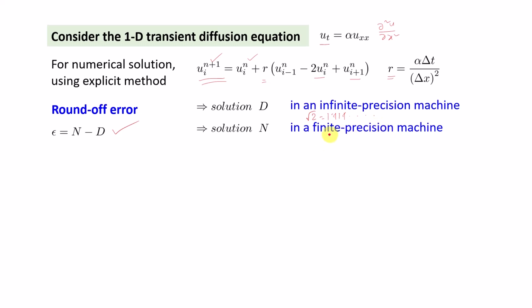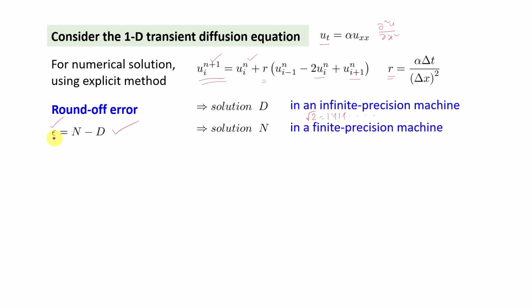A practical machine is finite precision, and it gives us a solution n, which basically means that this round off error we cannot avoid, since all practical machines will have limited memory, and therefore there will always be some sort of finite precision in our machine, no matter how good it is.